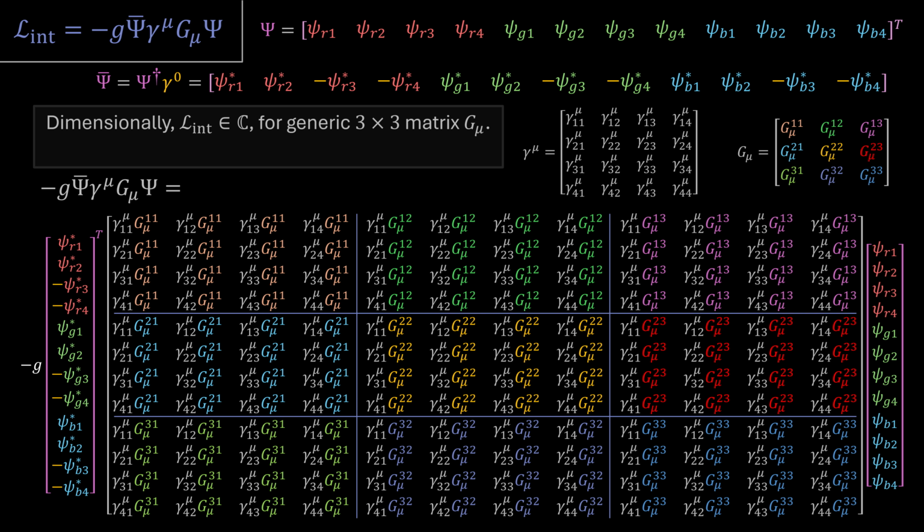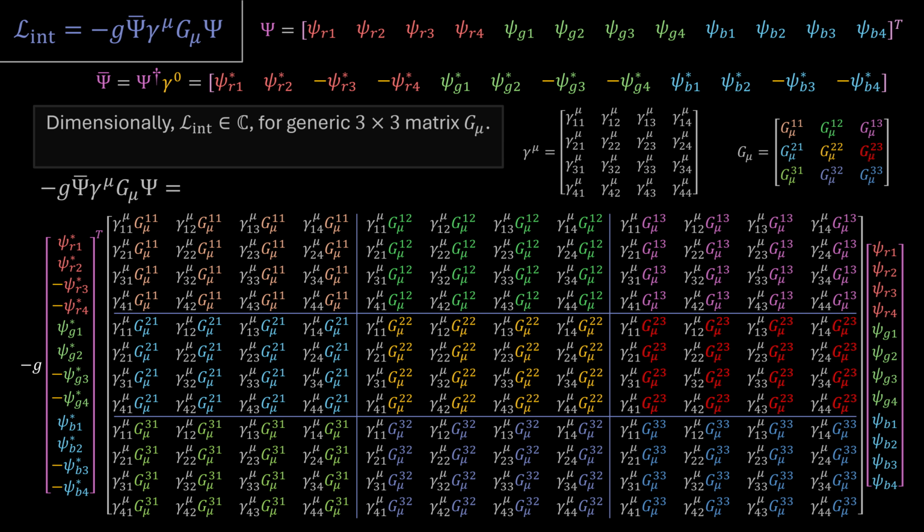So structurally, just by examining the dimensionality, we know that our interaction term is at least going to be a complex-valued thing. And that's assuming that the spacetime components of our gauge field, G mu, are comprised of purely generic 3x3 complex matrices. We haven't yet put any constraint on the kind of matrix that G mu can be.